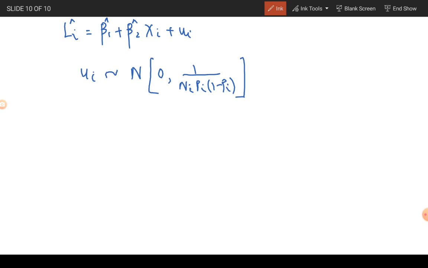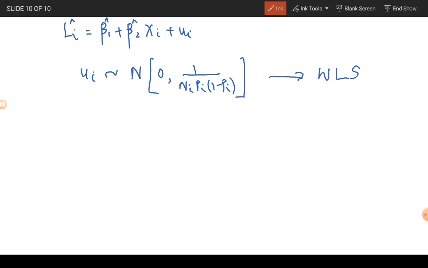Okay, so the mean value of the disturbance term is equal to 0, that assumption is satisfied. The homoscedasticity assumption is not satisfied. It is being violated because the variance sigma square depends on Pi, which again will vary with the value of Xi. So remember, you will have to use the weighted least squares method, which is suggested when you have the problem of heteroscedasticity.